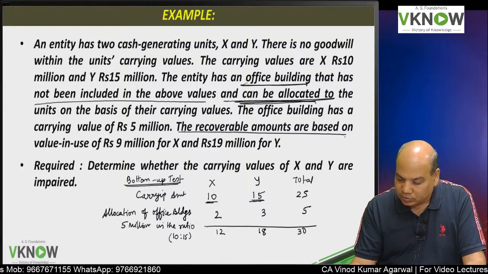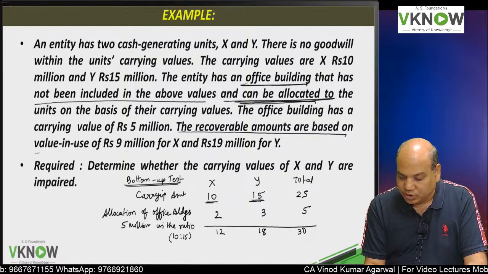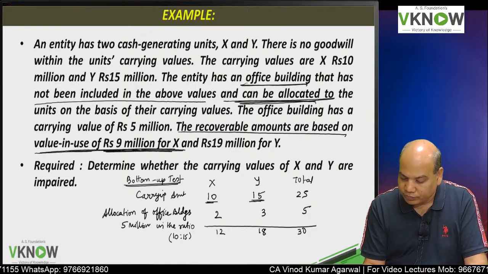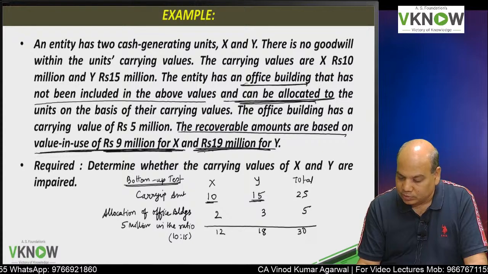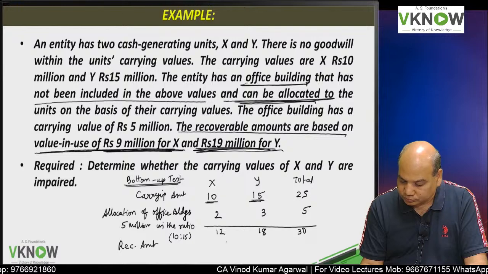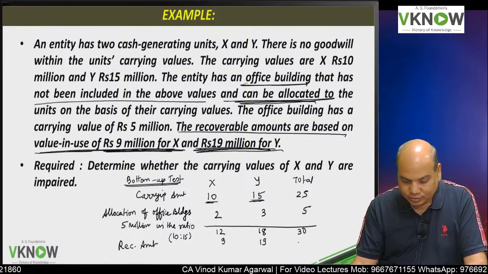The recoverable amount based on value in use is 9 million for X and 19 million for Y. So you will write recoverable amount 9, 19, total 28.